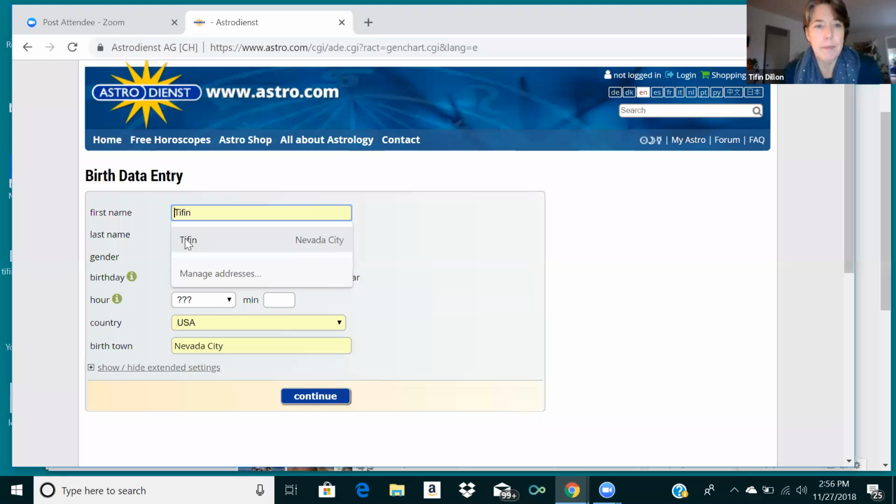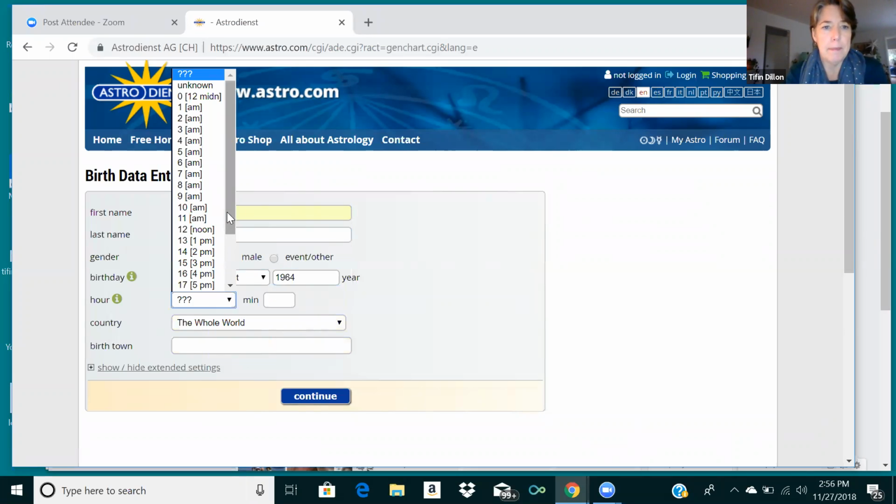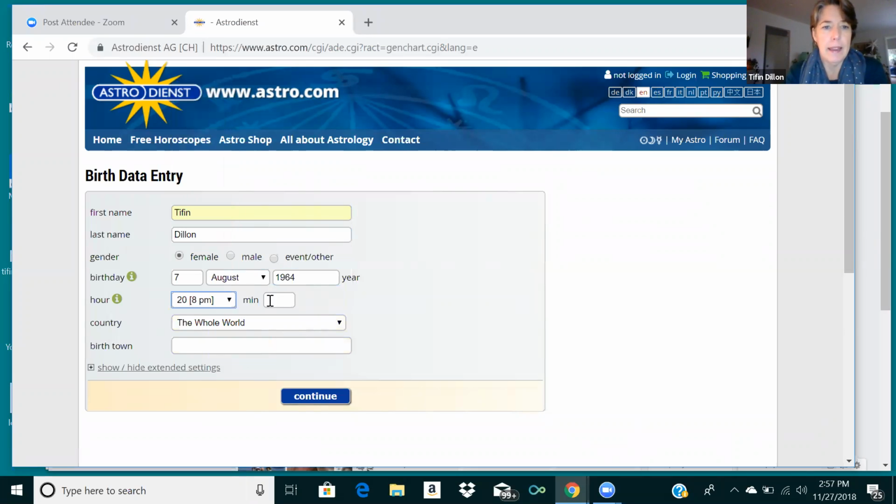Okay. So first name, last name, Dylan. Gender, female, birth date, 7th of August. I was born 1964 at 8:40 p.m. I know this part isn't very exciting.